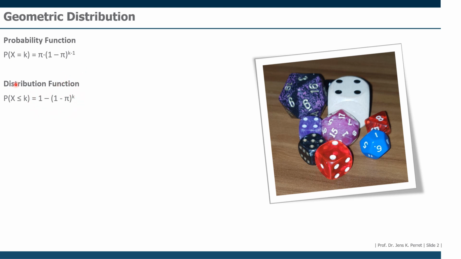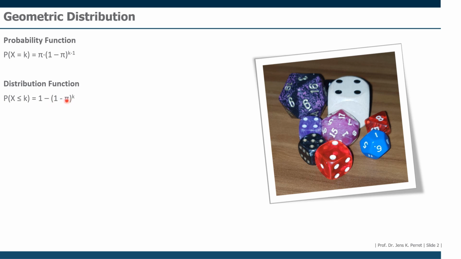And opposite to most other discrete distributions, we can nicely write this down without the need of any sum sign, because if we want to know the probability that an event occurs before or at point k in time, we can simply use the formula 1 minus (1 minus pi) to the power of k.